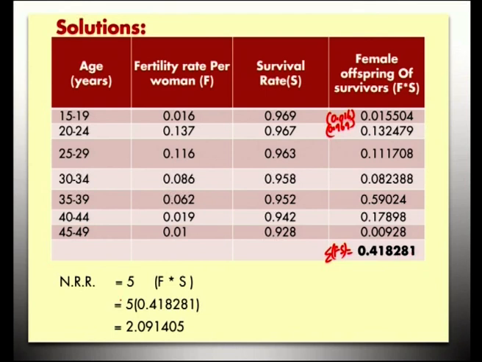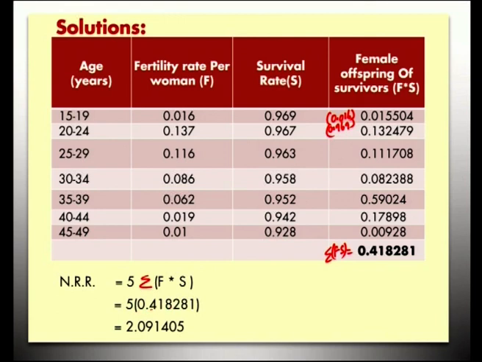Okay. So, the net reproduction rate according to the formula is 5 into summation F into S, because the 5 represents the number of years in the age group. So, 15 to 19 represents an age group of 5 years. Therefore, 5 into summation F into S. F is the fertility rate into survival rate, and the total is 0.418281.